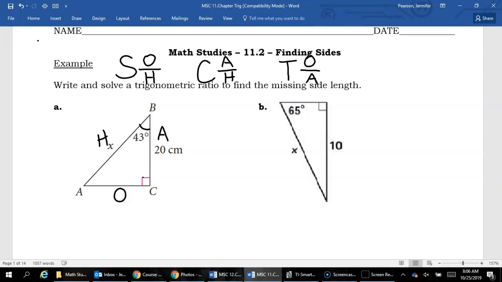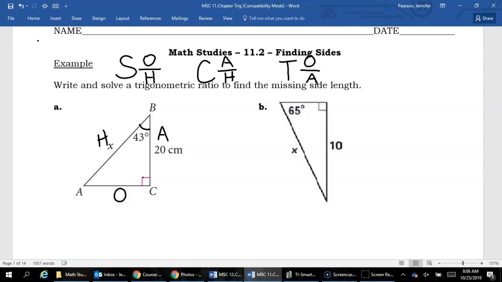Now we're going to use that to choose one of the three trigonometric ratios based on where I have information. So I have a hypotenuse of x, I have an adjacent of 20, and the opposite side of the triangle is blank. I don't know how long it is.